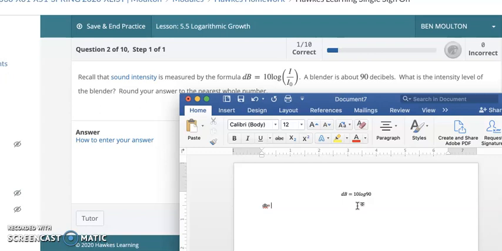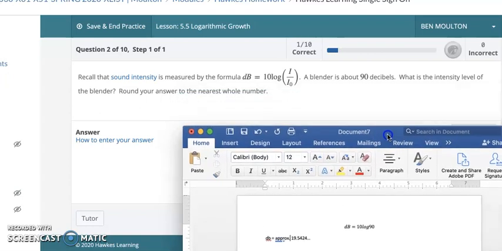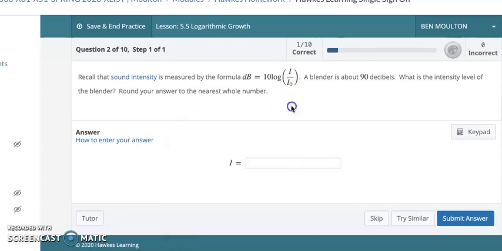Oh, nearest whole number, so it's 19.5424 and so on. So I'm going to write approximately equals that. I just don't want to go pull up an equation editor for the double tilde. Long story short, we're rounding this to 20.